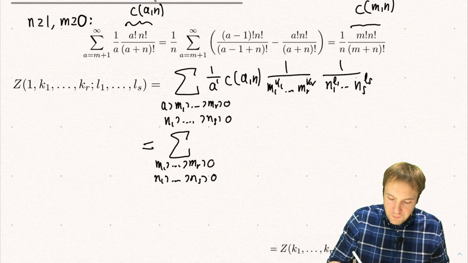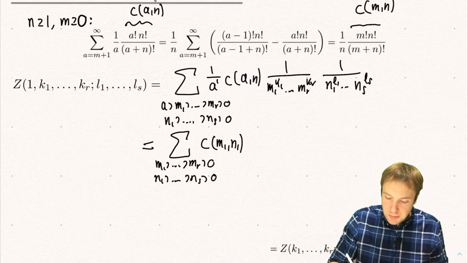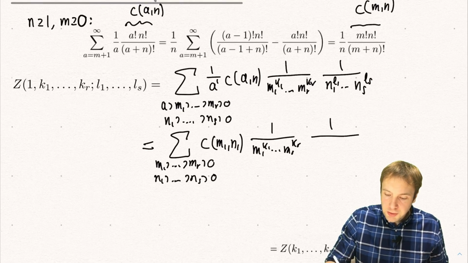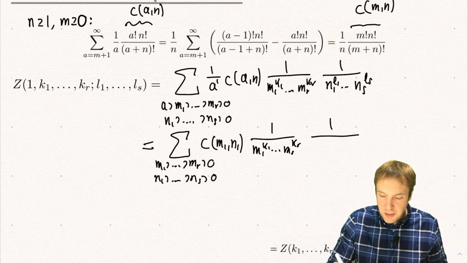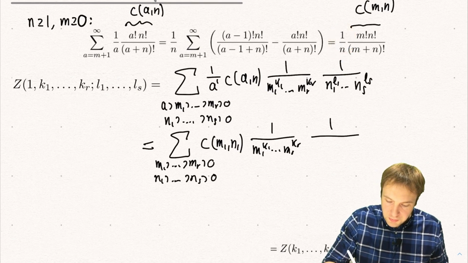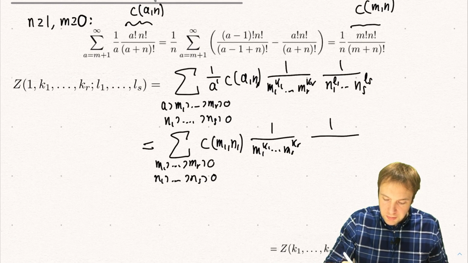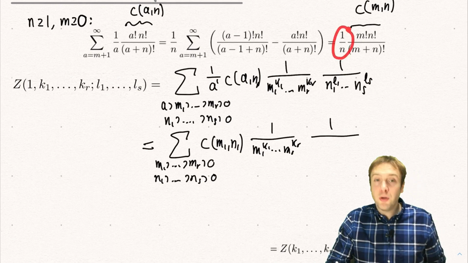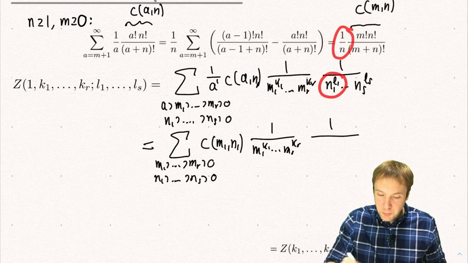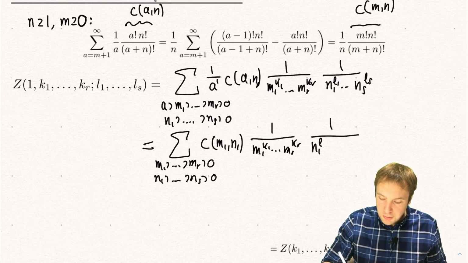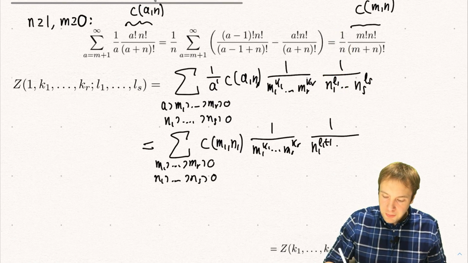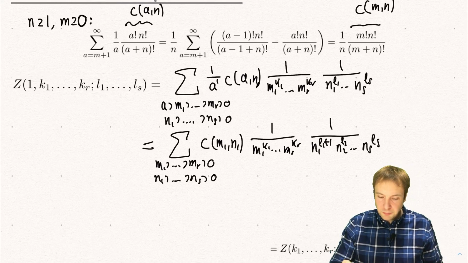And now we have the connector of m1 and n1, and here we have m1 k1 up to mr kr. And now because we have this 1 over n, n in our case here is, oh, here I should write this is n1, sorry. So we have an additional 1 over n1, and therefore we get here n1 to the l1 plus 1, n2 l2 up to ns ls.